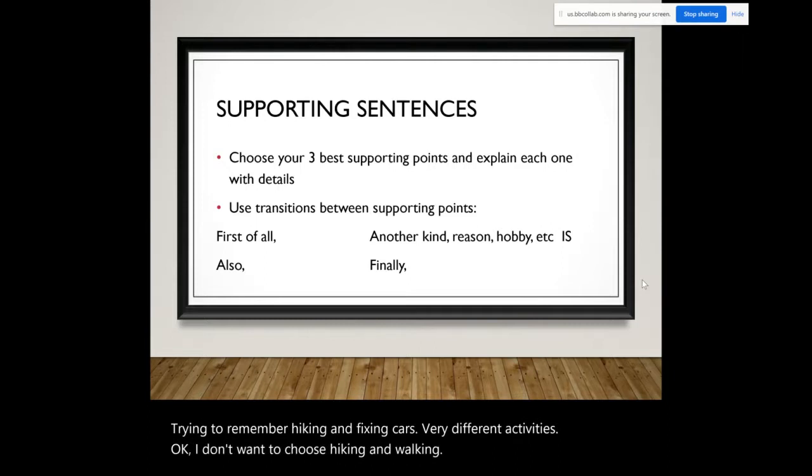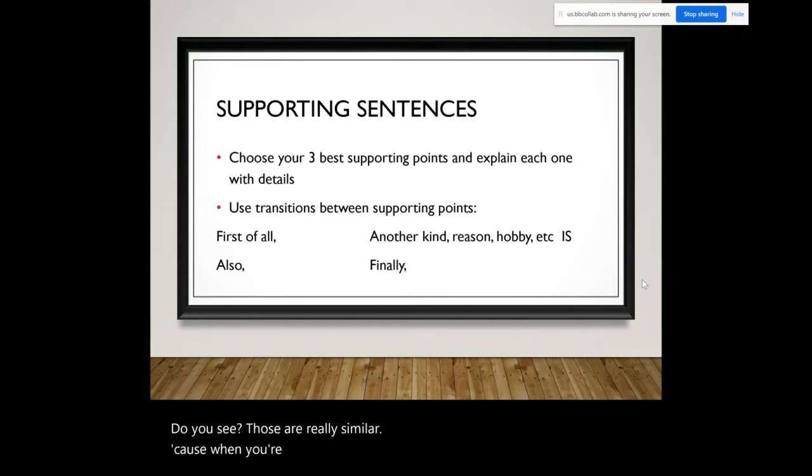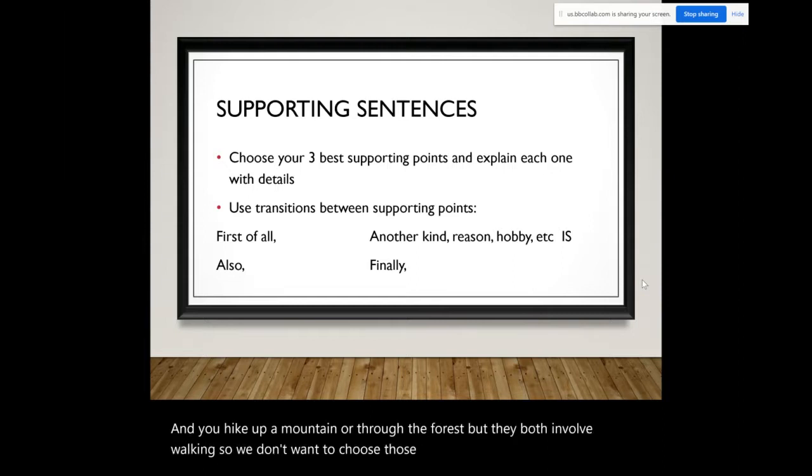Those are really similar because when you're hiking, you're also walking. You walk in the park and you hike up a mountain or through the forest, but they both involve walking. So we don't want to choose those two. We want to choose supporting points that are very different from each other.